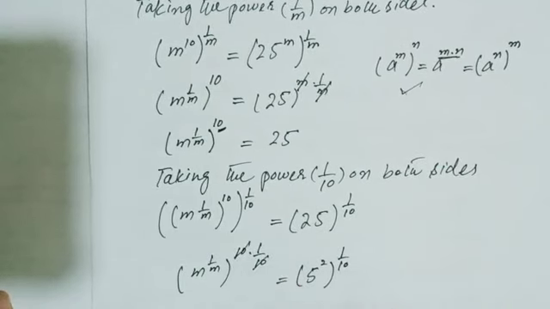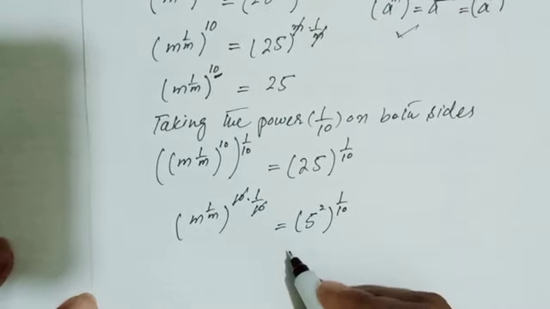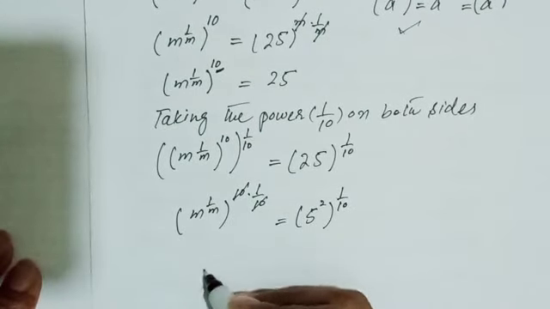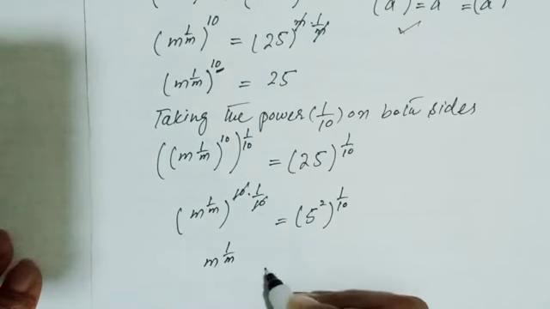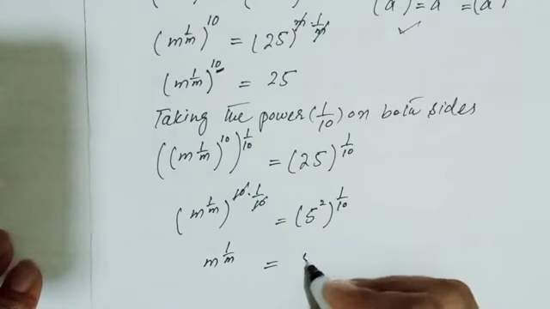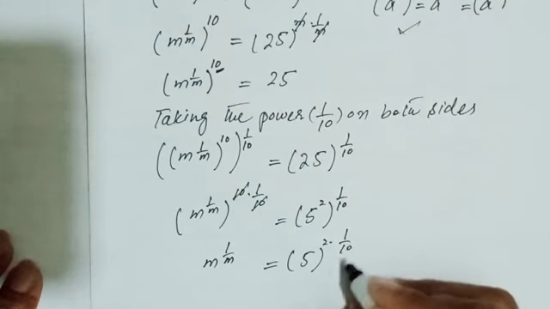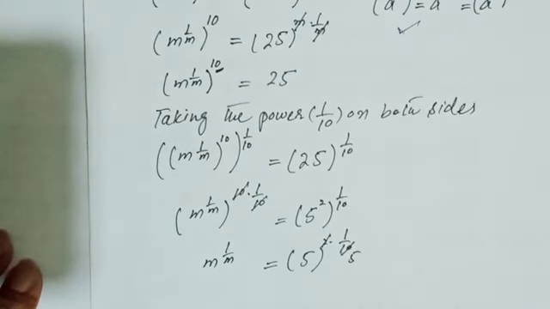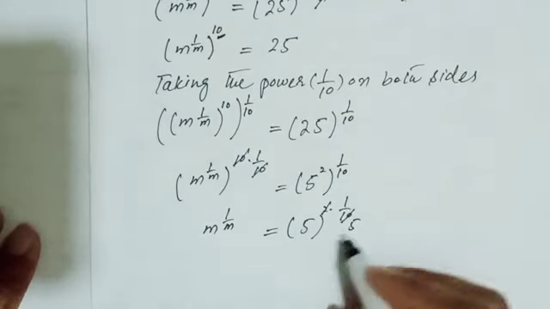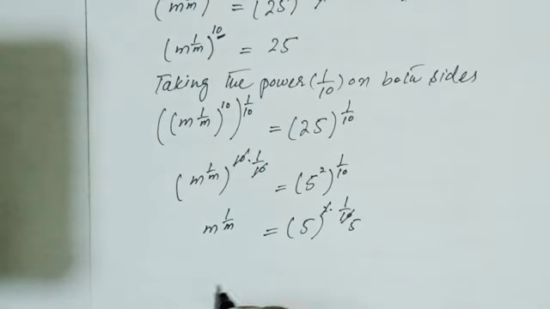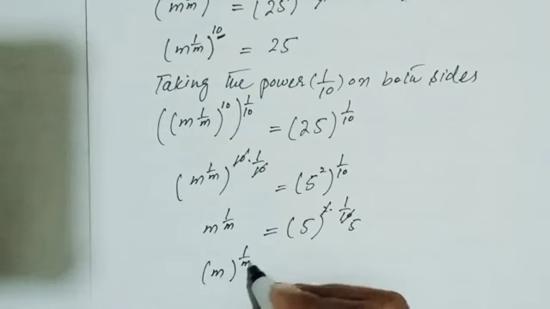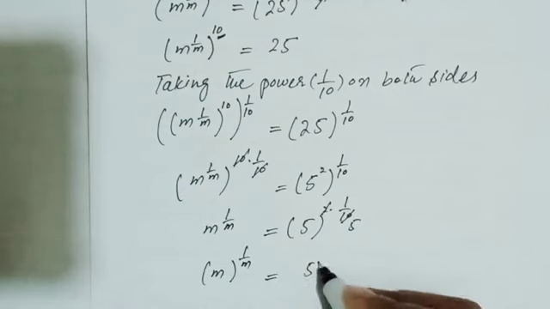So 10 cancelled by 10. Here m to the power 1 by m is equal to 5 to the power 2 into 1 by 10. So 2 by 10, here I get 1 by 5. So m to the power 1 by m is equal to 5 to the power 1 by 5.